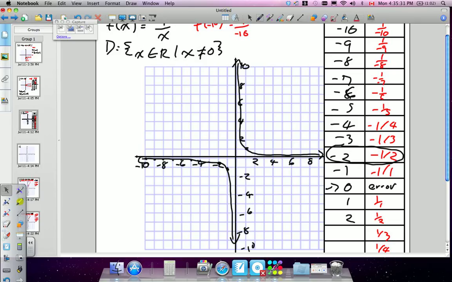That means it doesn't exist there. And the same idea is with the range: Y is a set of all real numbers such that Y cannot equal 0. If you notice, it never touches the y-axis and it never touches the x-axis.